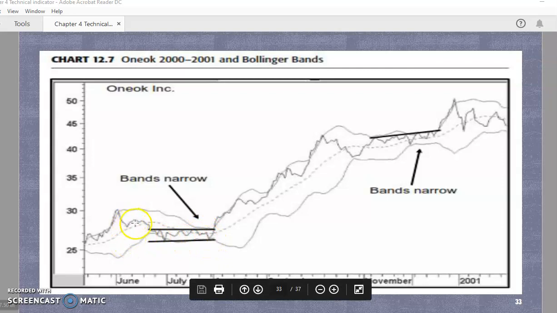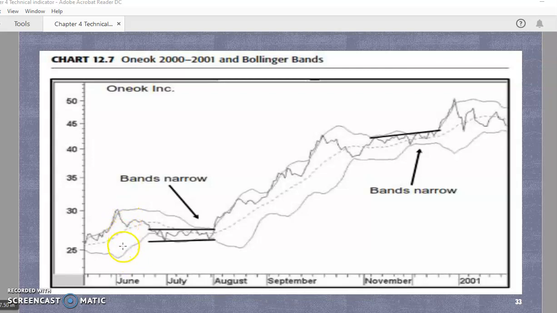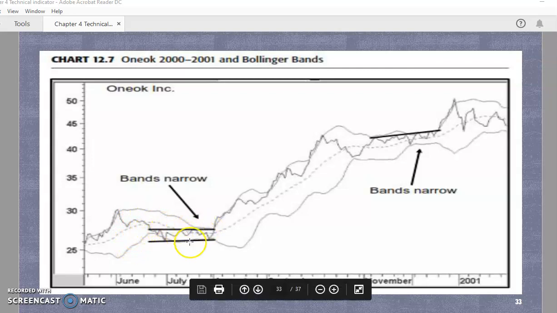So what does this mean? The wider difference between the lower band and upper band shows that the volatility of price, or the price change, is quite active compared to this area.